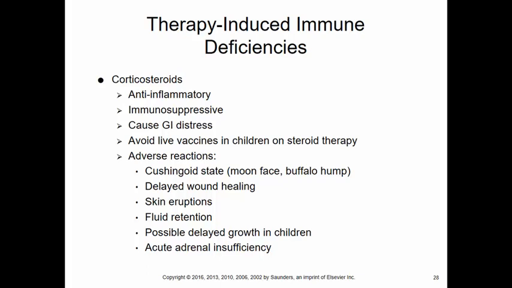So corticosteroids are a tough one because they generally make relatively healthy people feel really good because they are anti-inflammatories. They take away even the smallest inflammation, making people's joints feel good.